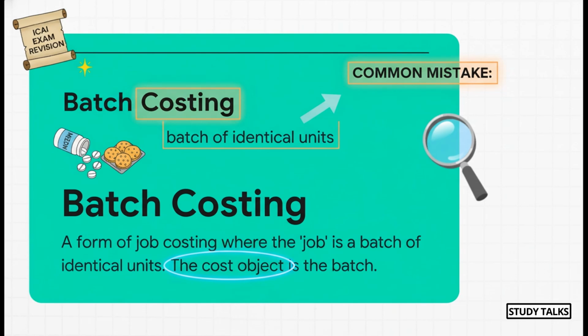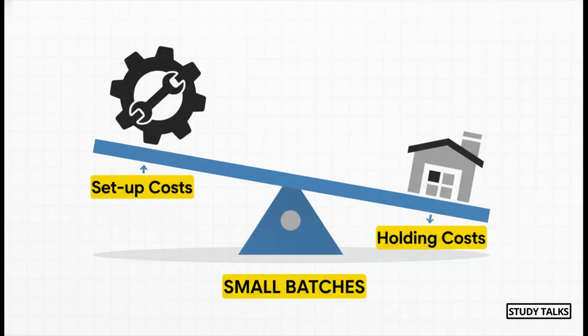A great example is a pharmaceutical company making a batch of, say, 10,000 tablets, or a bakery making a batch of 500 biscuits. The most crucial point to remember here is that we first calculate the cost of the entire batch. The batch itself becomes our cost object. It's only after we have that total batch cost that we divide it by the number of units to find the cost per unit.